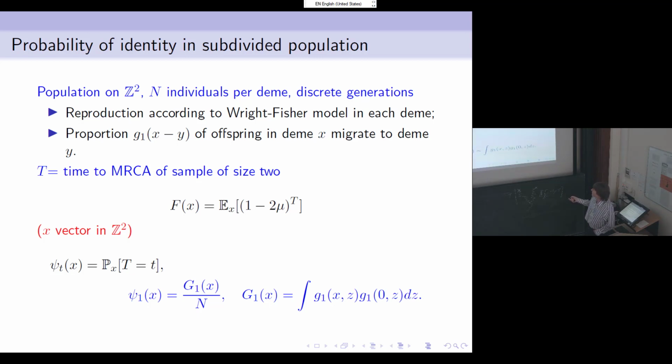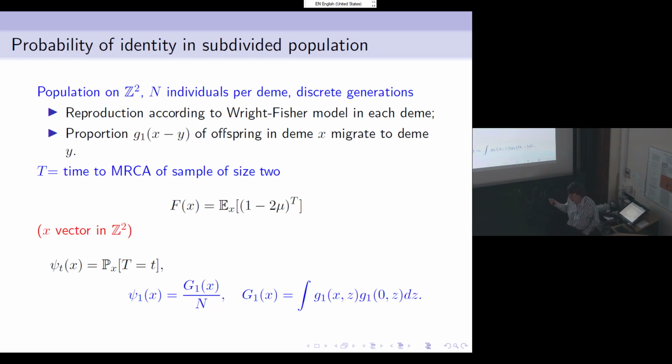So the probability that they both came from the deme labeled Z is, well, one of them had to go to X, so without loss of generality, because this is all spatially homogeneous, I'm going to suppose that one of my individuals is at the origin and the other is at X. So the individual at the origin would have needed to go to deme Z. The individual at X needs to go to deme Z, so the probability of both of those things happening is this. It could have been any deme, so I integrate. So I just get the convolution of G1 with itself, and that's what this capital G1 is going to be.